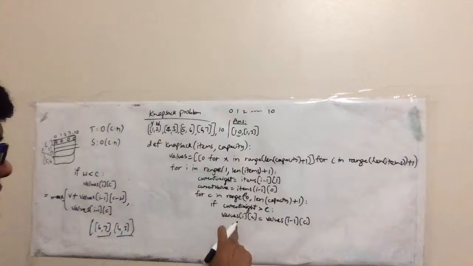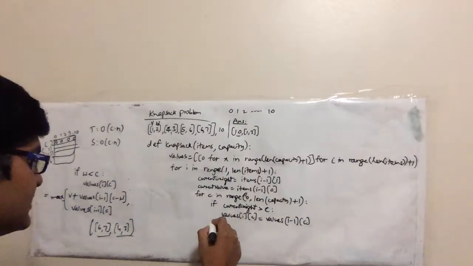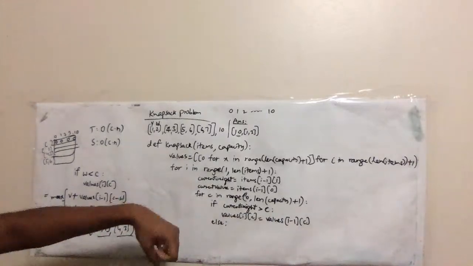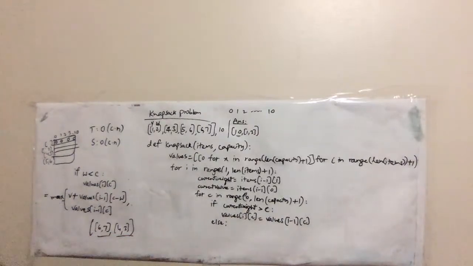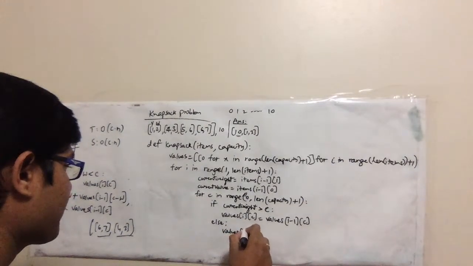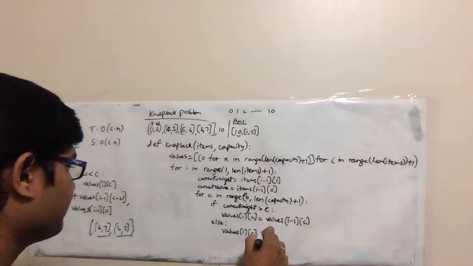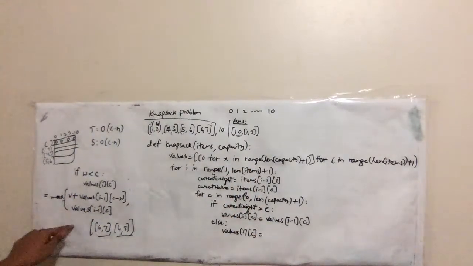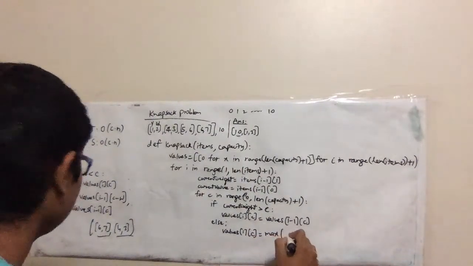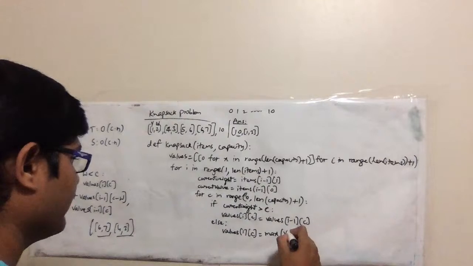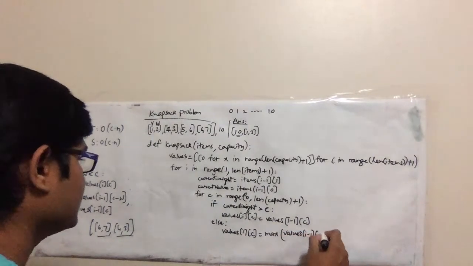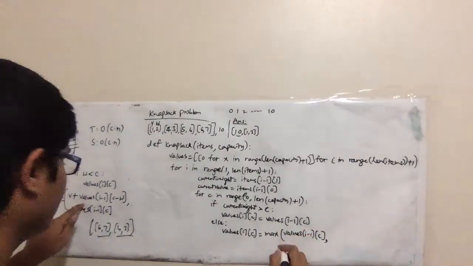That will actually make this value. Or else, if the current weight of the item is less than the capacity, so we will keep values of I comma c. As we talk, we will keep this item. So max of values of I minus 1 c or v plus.